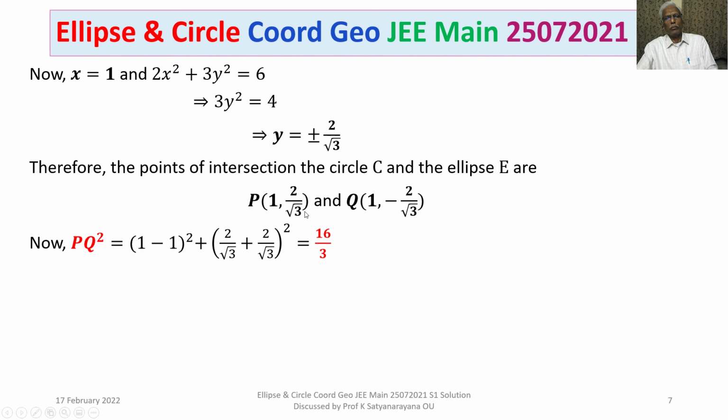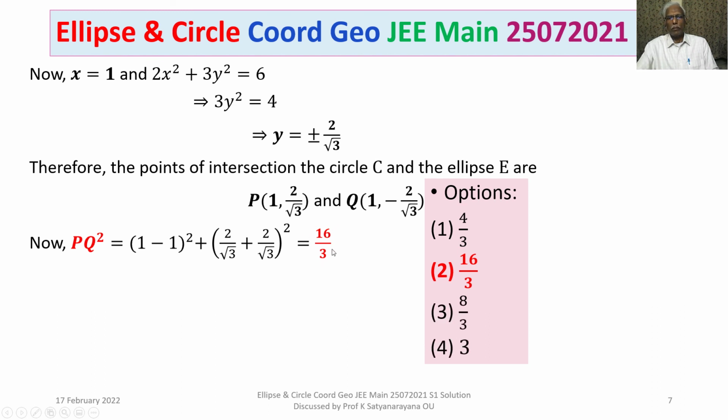The square of the distance between these two is what we computed here, and that is equal to 16 by 3. Let's look at our options. Our answer 16 by 3 appears against option 2. Therefore, our answer is option 2.